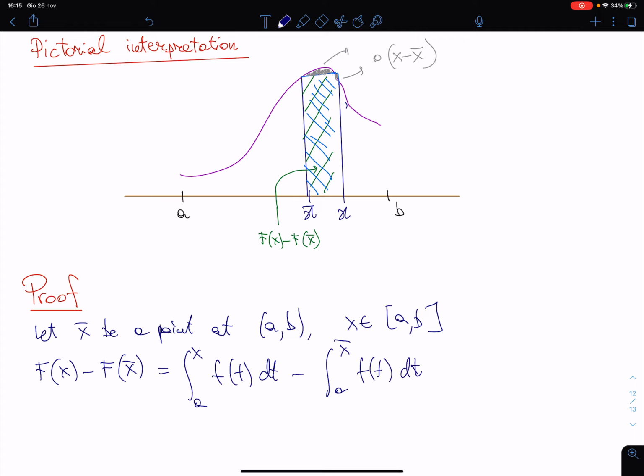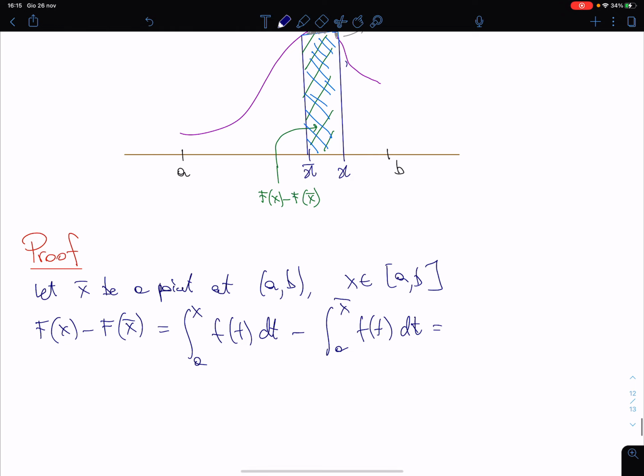Okay, here we could proceed geometrically and write immediately the result, but I prefer to proceed algebraically here, and just to say that here we have the integral from a to X of f of t dt plus the integral from X bar to a.